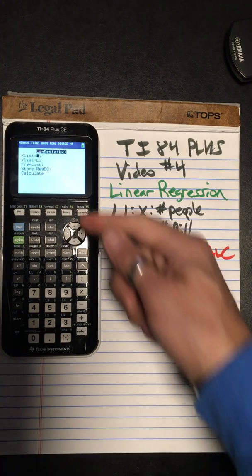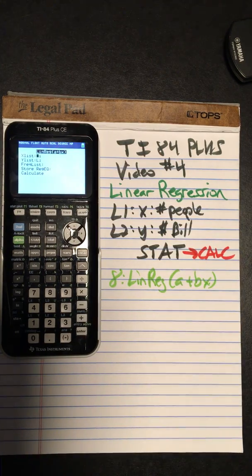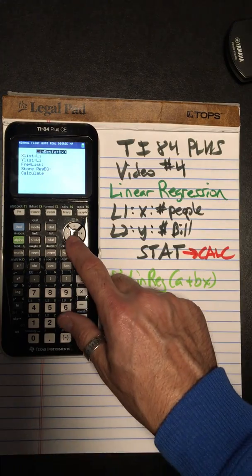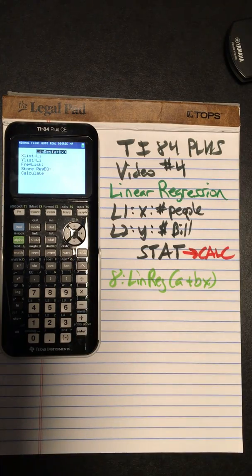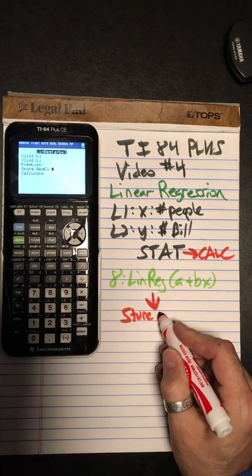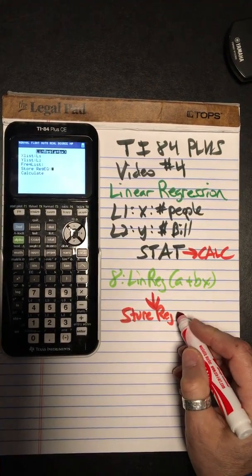You'll also notice that it defaulted to list 1 and list 2 for our independent and dependent variables, the x and y. What we're going to do is arrow down until we get to the store regression equation.